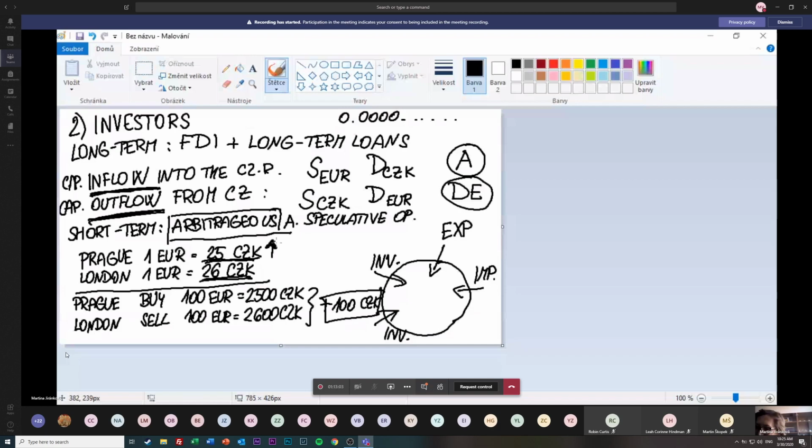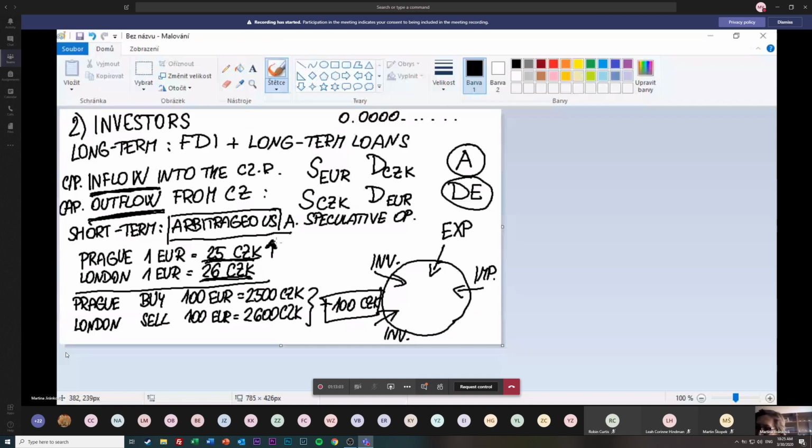They all would want to sell euros, and they all demand Czech crowns. What does it mean? If everybody wants to buy Czech crowns, the Czech crown in London will appreciate.